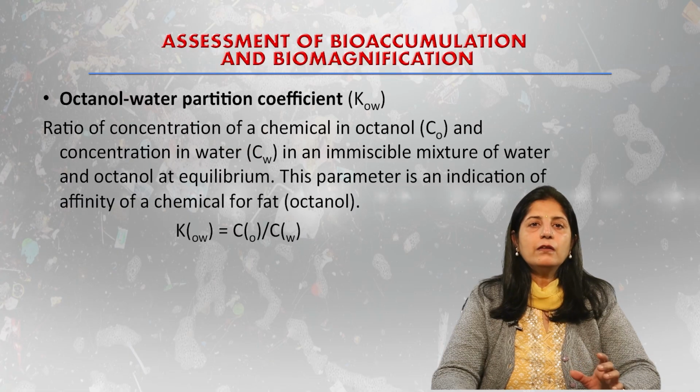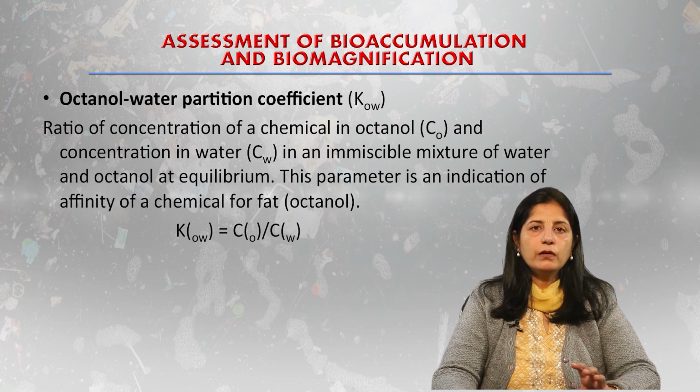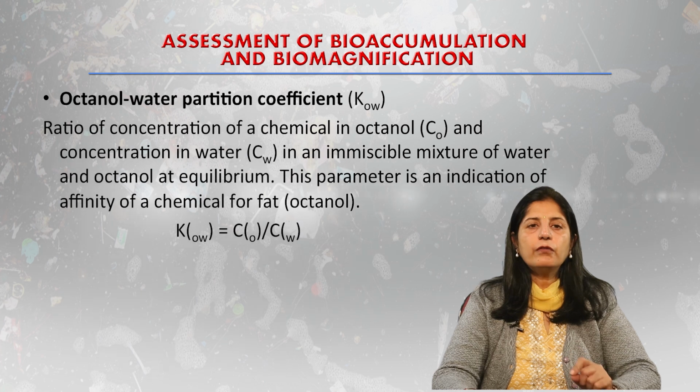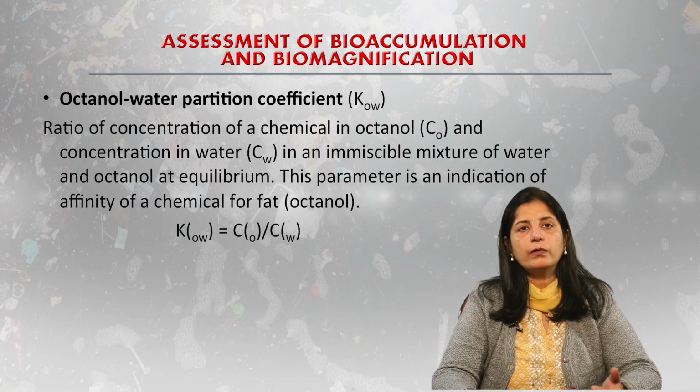Basically it represents the ratio of the concentration of a chemical in octanol, that is CO, to its concentration in water, that is CW, in an immiscible mixture of water and octanol at equilibrium. This parameter is an indication of the affinity of a chemical for fat, which is basically octanol.